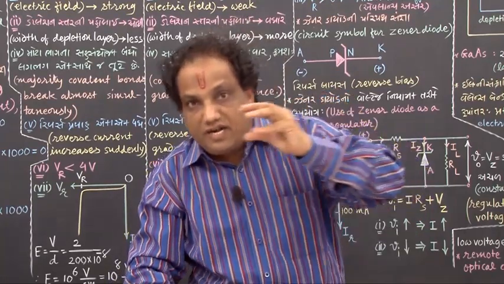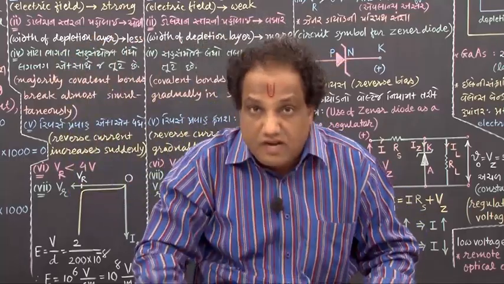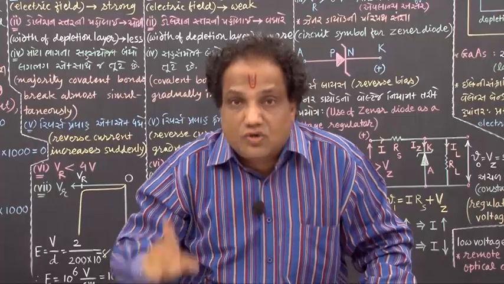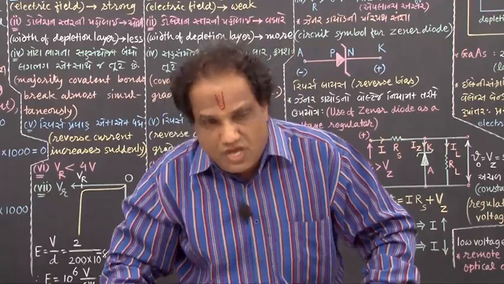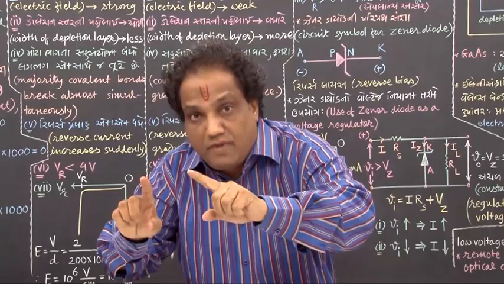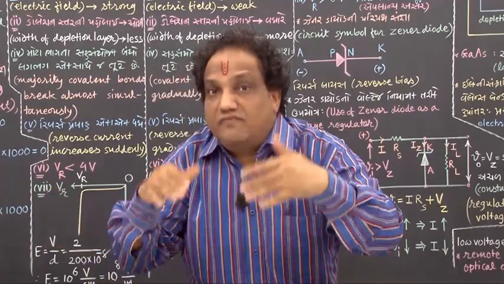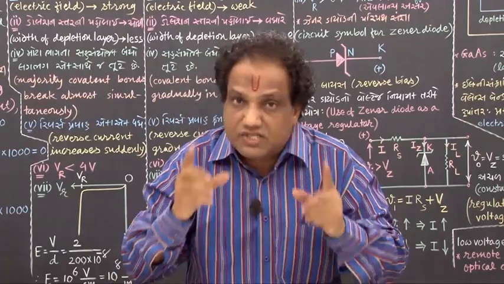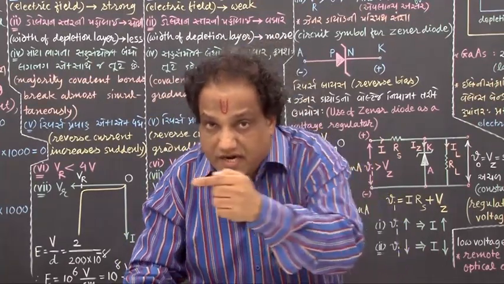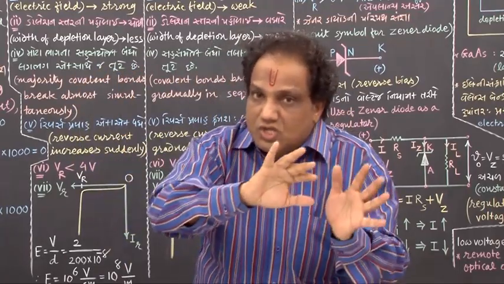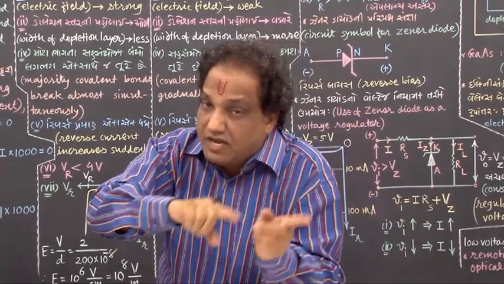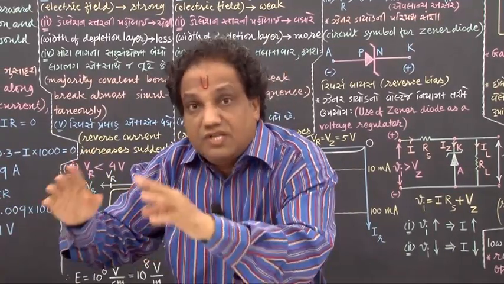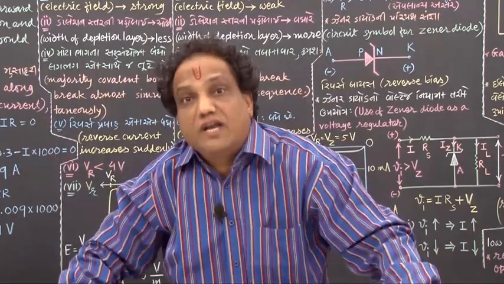But when they are accelerated in a direction opposite to the electric field, they collide with other bound electrons engaged in the covalent bonds, and when they strike, they may knock them out. Then the number of freed electrons would be more, and this larger number is again accelerated, striking more bound electrons in covalent bonds and releasing further large numbers of electrons.